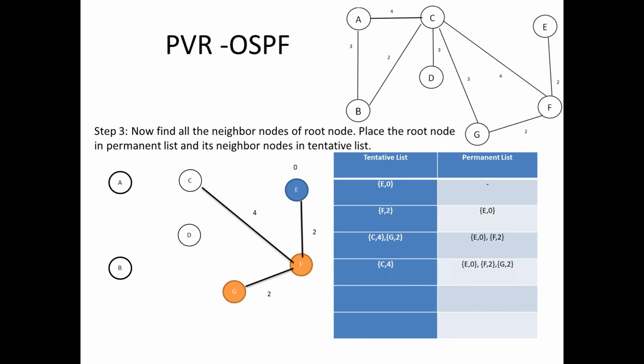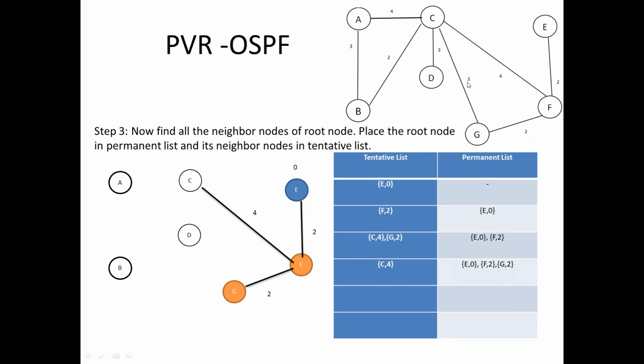It is connected with both G and F. So F is already in the list, but here I have made a mistake. Whatever I did is correct, because the cost will be high. So now see here, if you take the cost of C, from E to F it will be 2, F to G it will be 2 and here it will be 3.